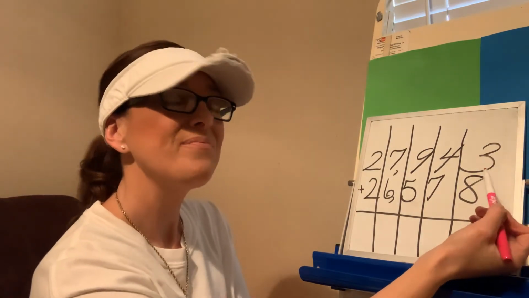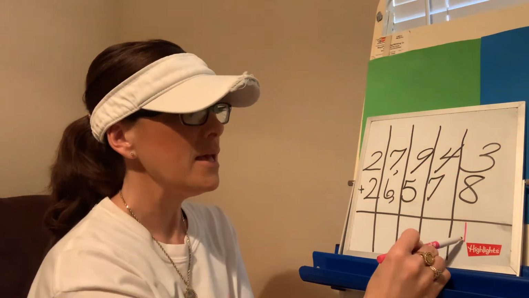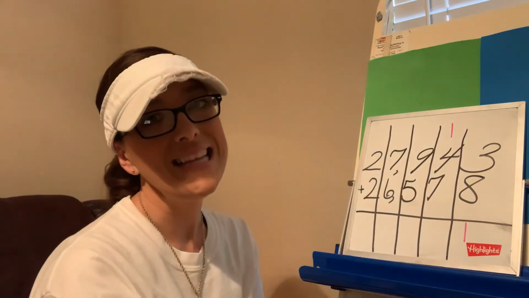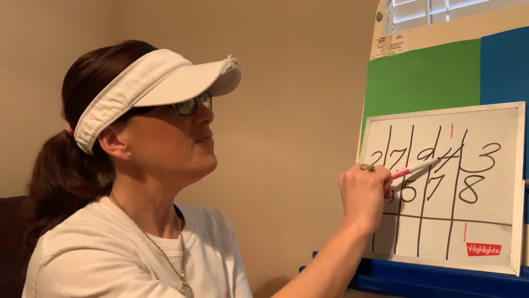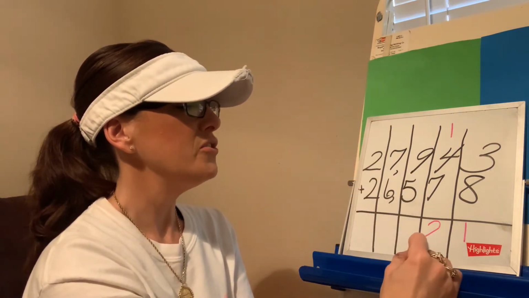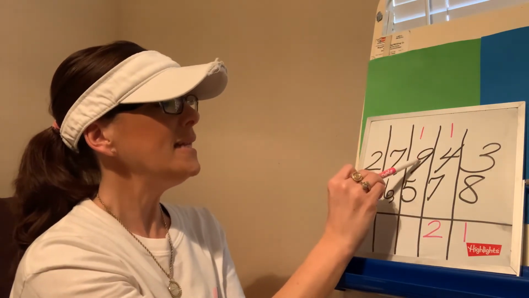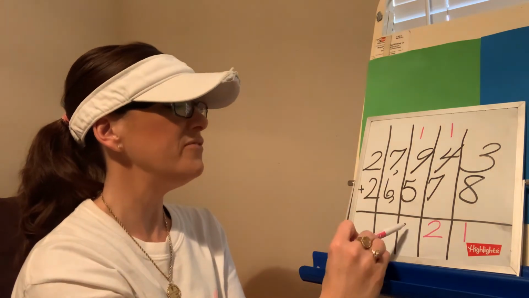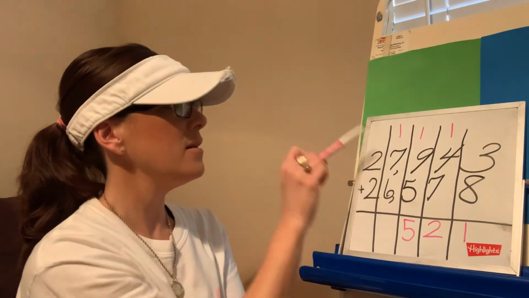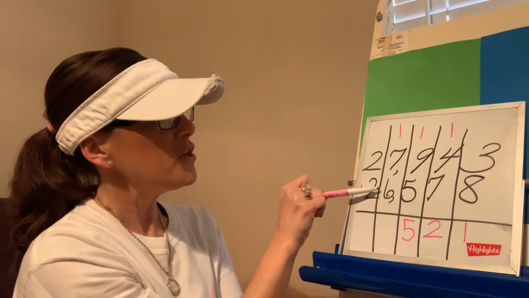Let's begin. 3 plus 8 equals 11. So we're going to say, put down my 1 and carry the 1 in the tens place. 1 plus 4 is 5. 5 plus 7 is 12. Put down your 2, carry your 1. 1 plus 9 is 10. 10 plus 5 is 15. Bring down your 5, carry your 1. 1 plus 7 is 8. 8 plus 6 is 14.